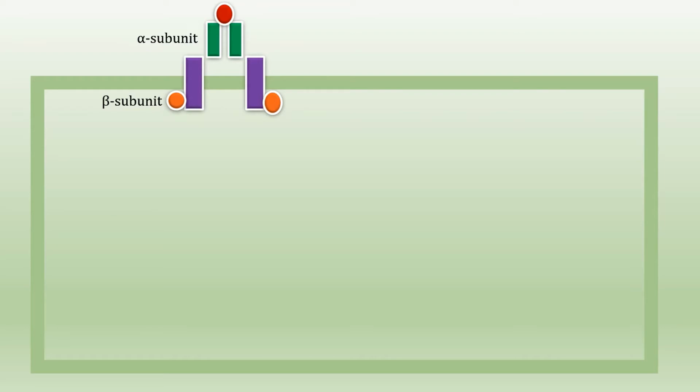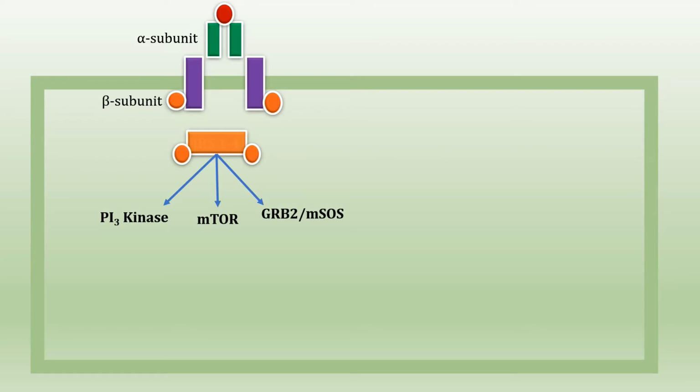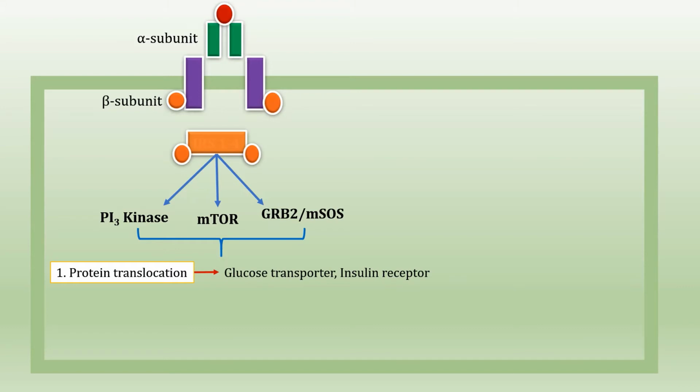Now this phosphorylated tyrosine kinase phosphorylates other insulin receptor substrates. And these also get phosphorylated and activate various signaling pathways like PI3 kinase, mTOR, GRB2, mSOS. We won't go into details of these pathways in this video, but ultimately insulin results in its biological actions like protein translocation, that is glucose transporter and insulin receptor, and enzyme activity.